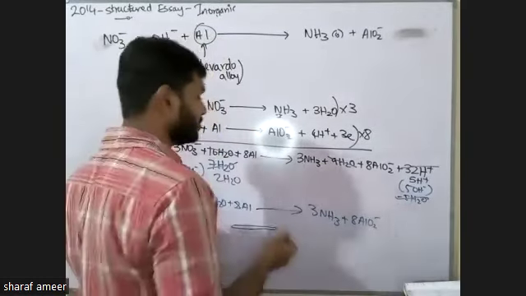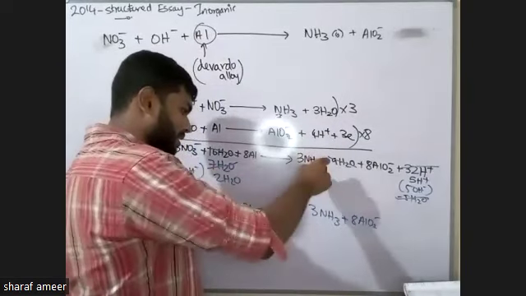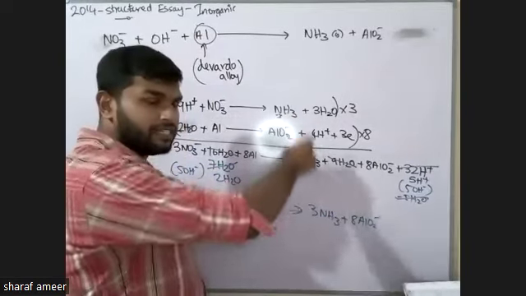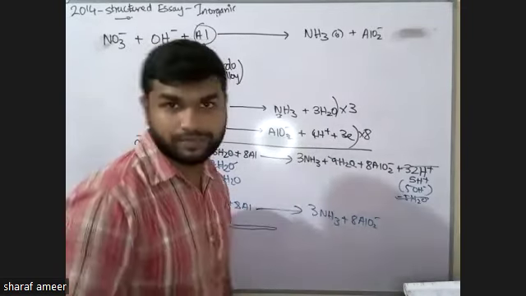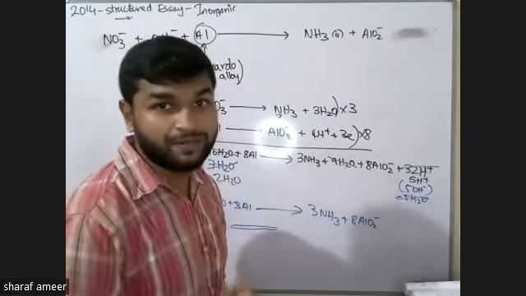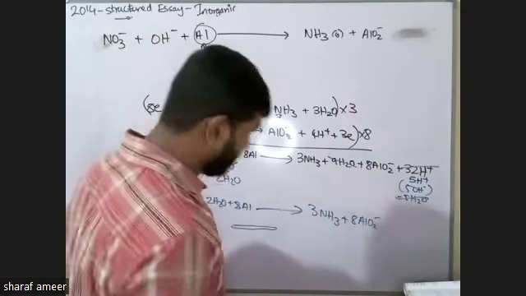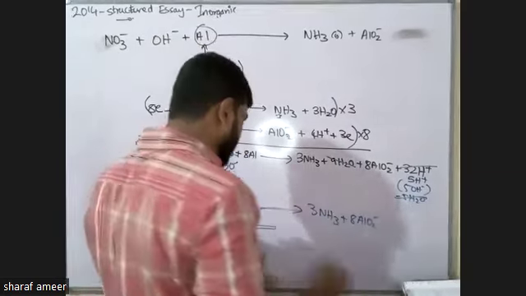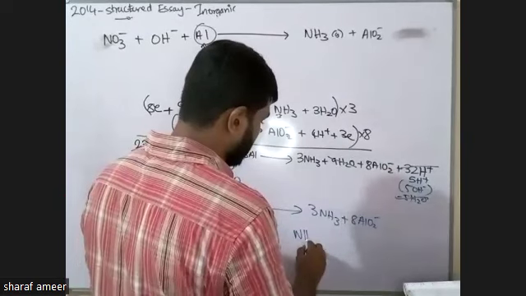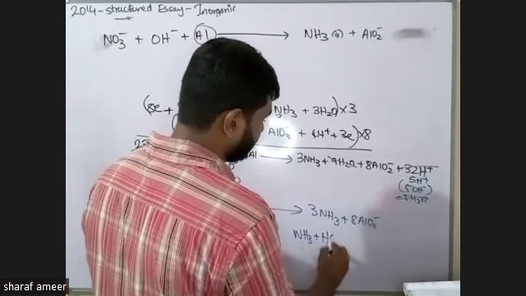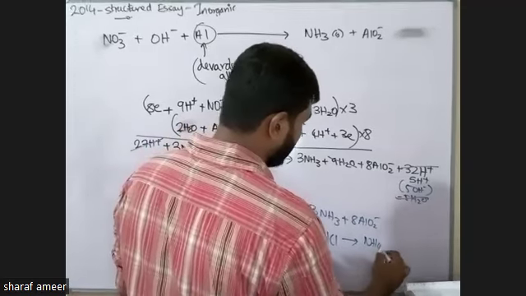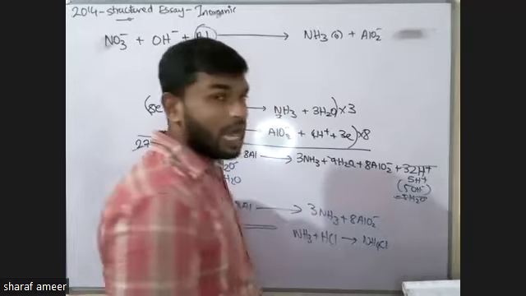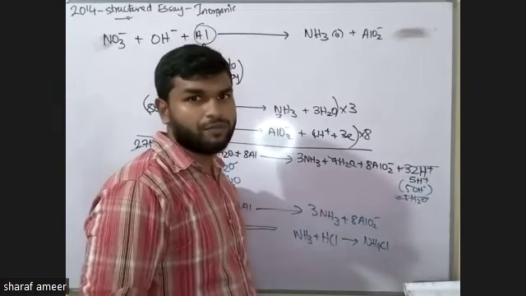So if you put that glass rod into the jar which is filled with ammonia, we can see white fumes. Some white fumes will be formed. That white fume is caused by the reaction between ammonia and HCl. It forms ammonium chloride, which is a white fume.